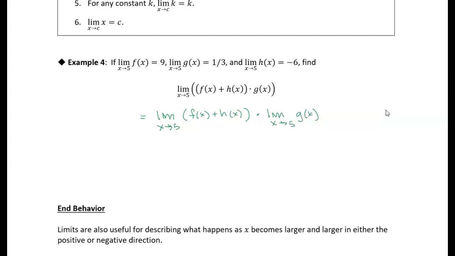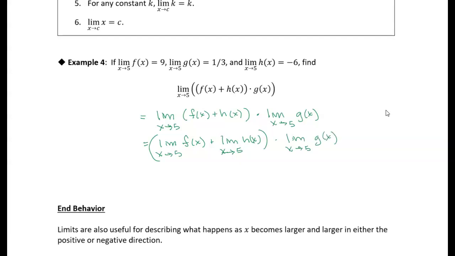Okay, and now we can break down the sum even further. The limit of a sum is the sum of the limits. So we have the limit as x approaches 5 of f of x plus the limit as x approaches 5 of h of x. I'm going to put that all in parentheses, and then that's times the limit as x approaches 5 of g of x.